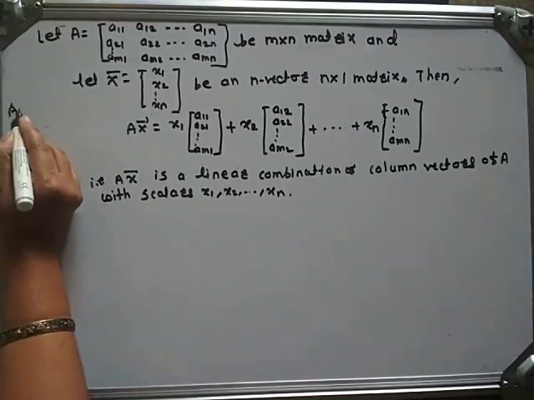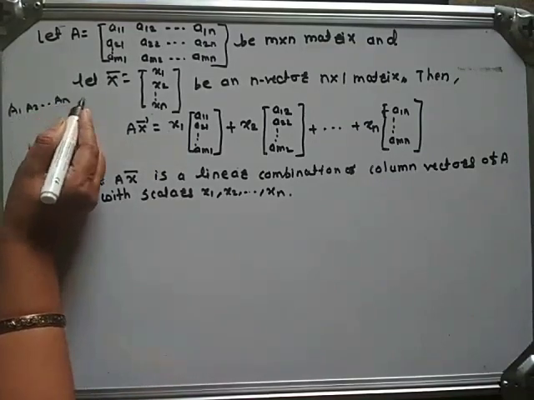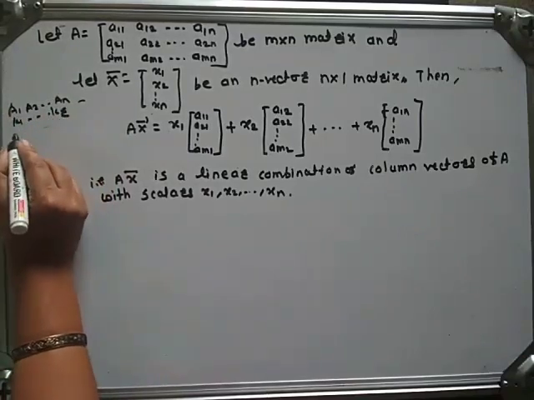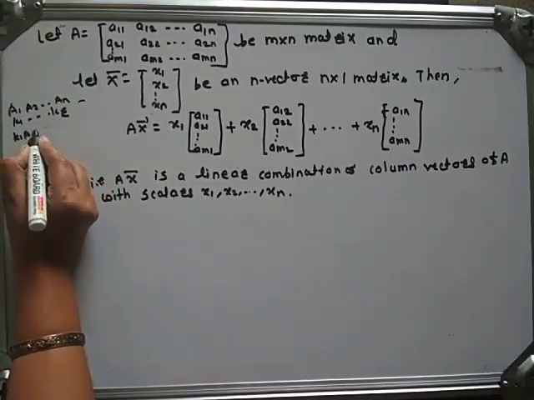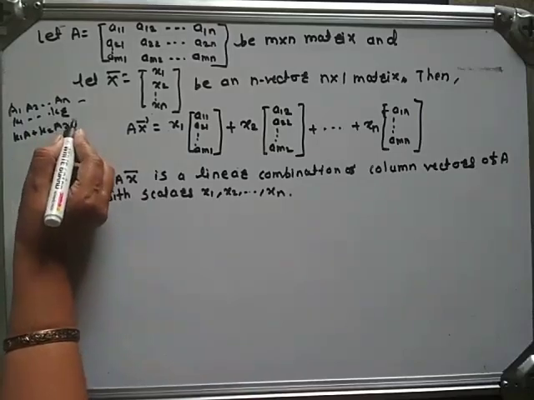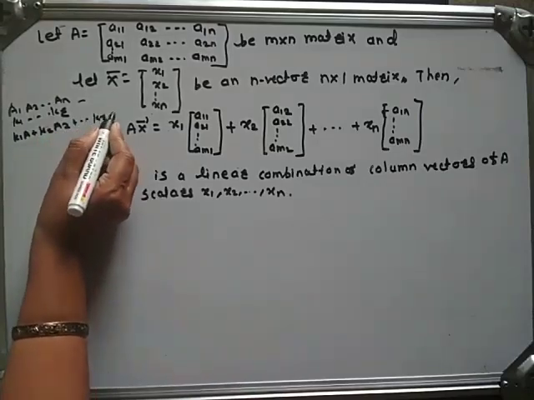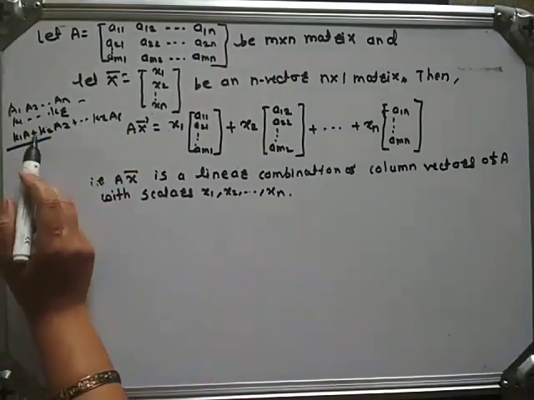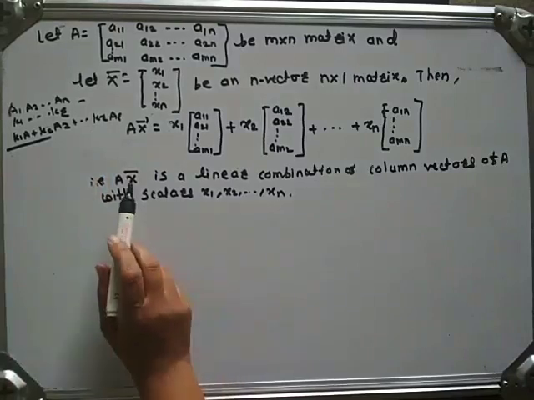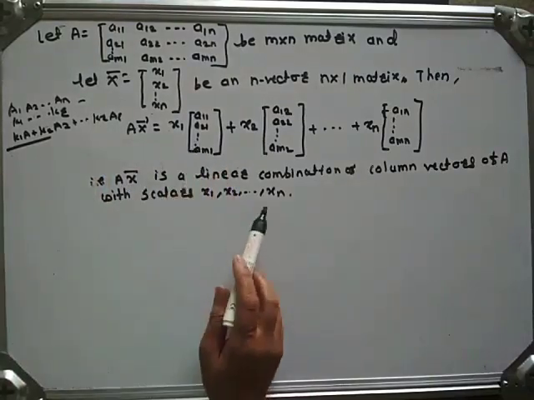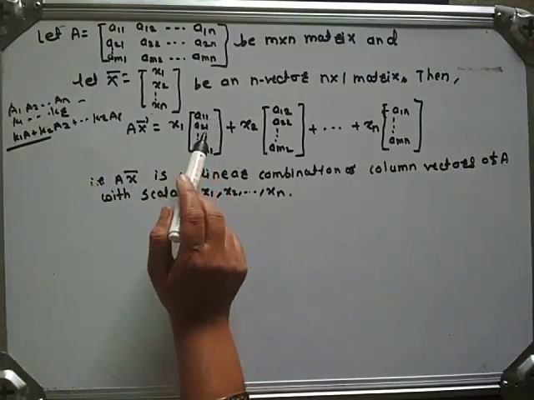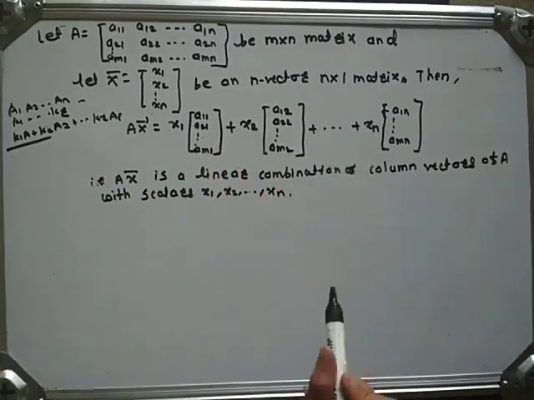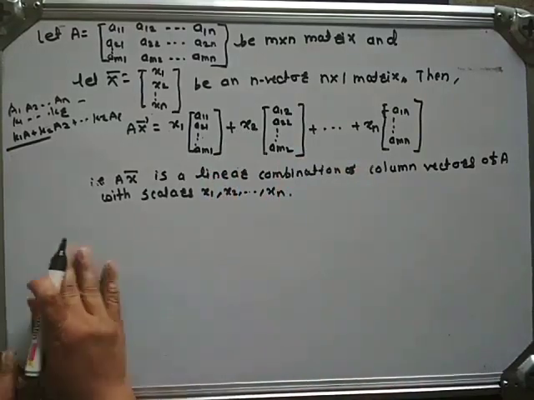Considering A1, A2 and so on up to AR are matrices, and K1 and so on up to Kr are real numbers, the expression of the form K1 into A1 plus K2 into A2 plus and so on plus Kr AR is nothing but the linear combination of A1, A2 and so on. Therefore, A x bar is a linear combination of column vectors of A with scalars x1, x2 and so on up to xn.